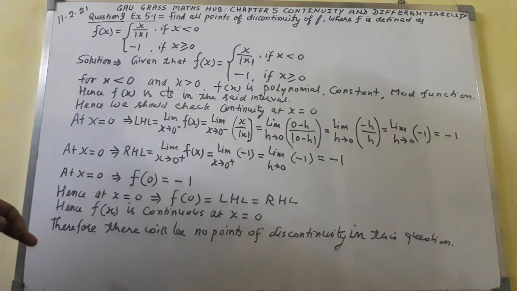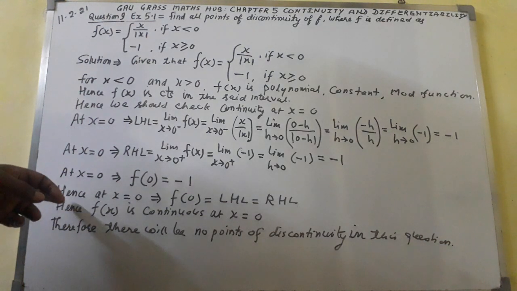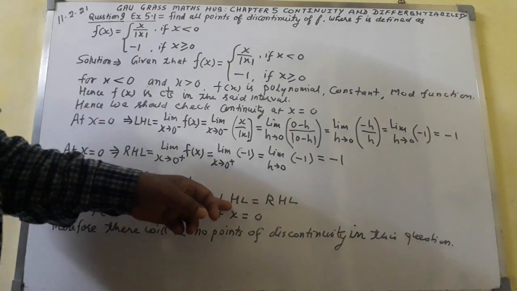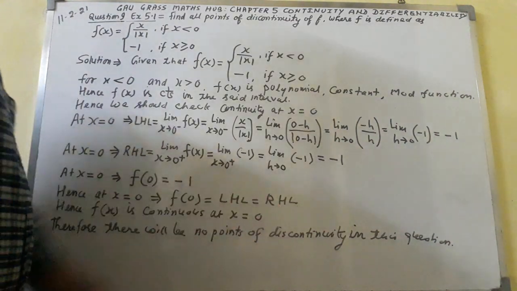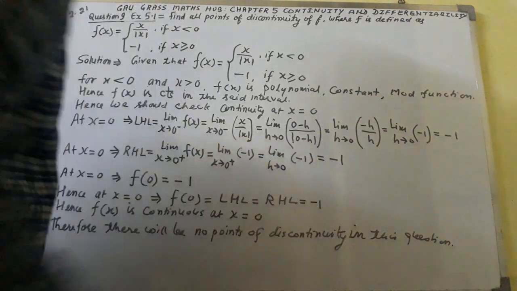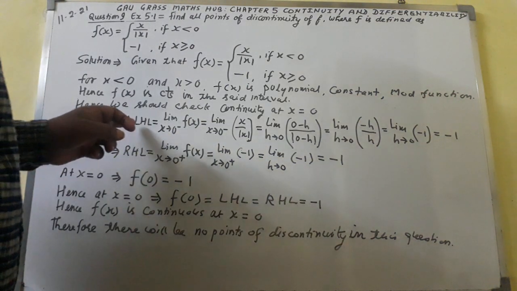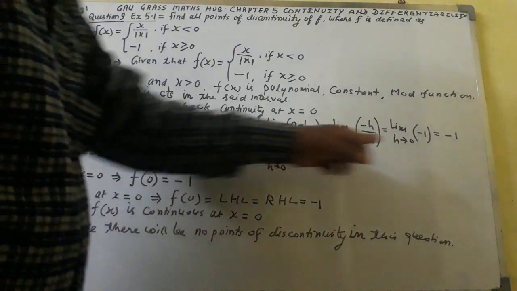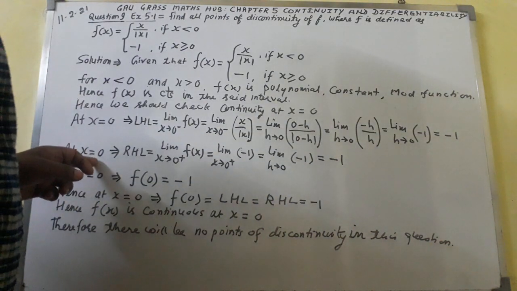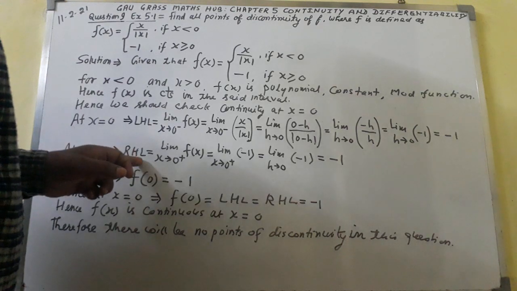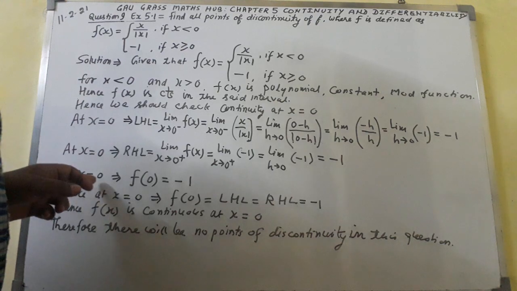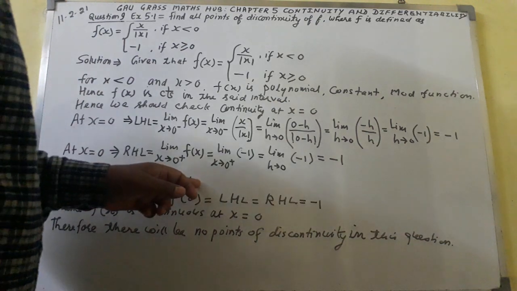Here you can see at x equal to 0, the value of left hand limit is minus 1, the value of right hand limit is minus 1, and f of 0 comes out to be minus 1.